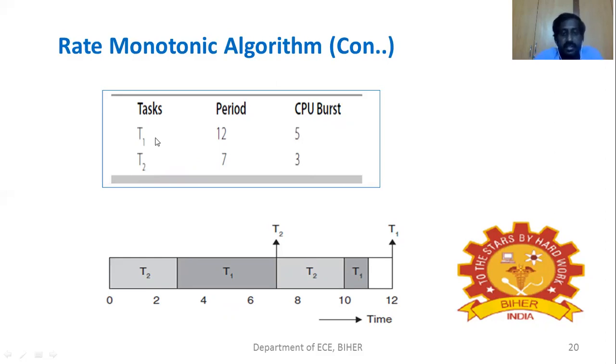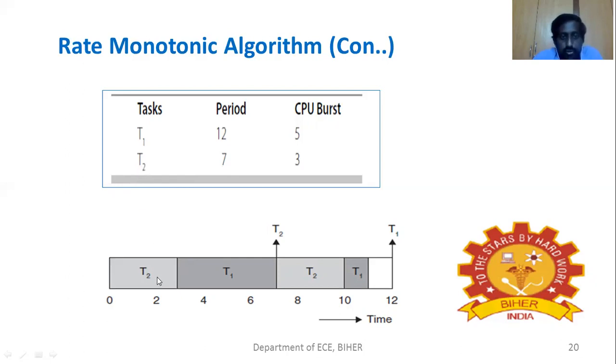The condition is that the task with the minimum period should be executed first. Here T1 requires a time period of 12, and T2 requires 7. So the minimum time period is T2, and we should execute task 2 first.